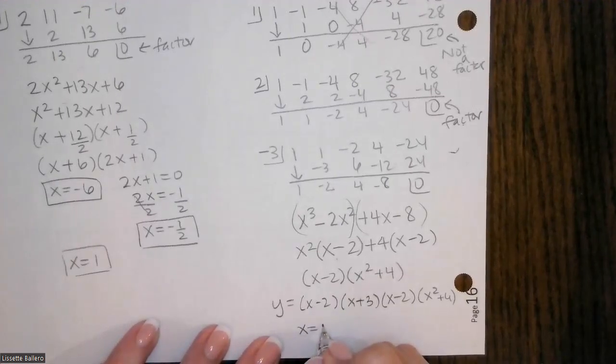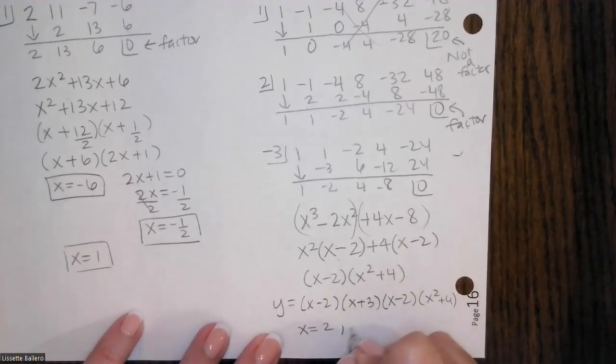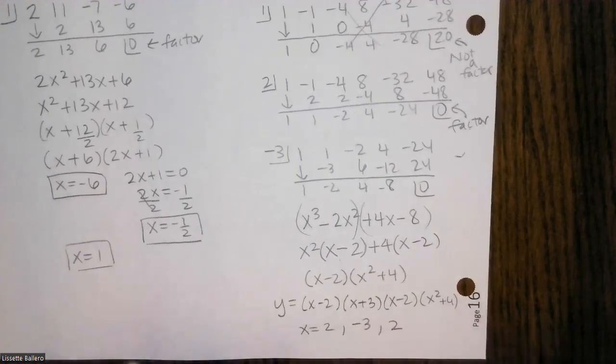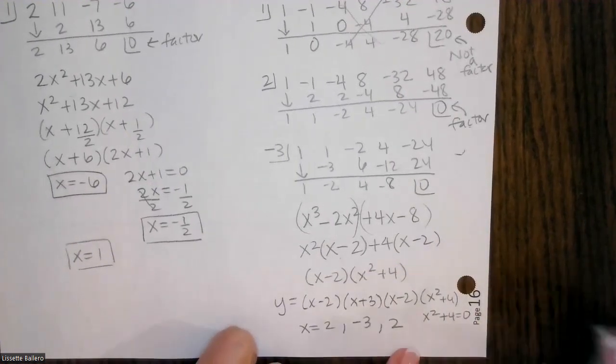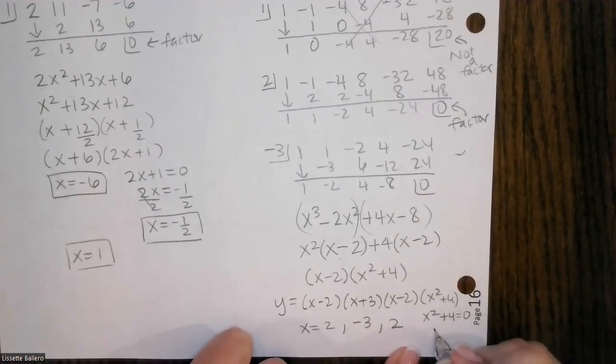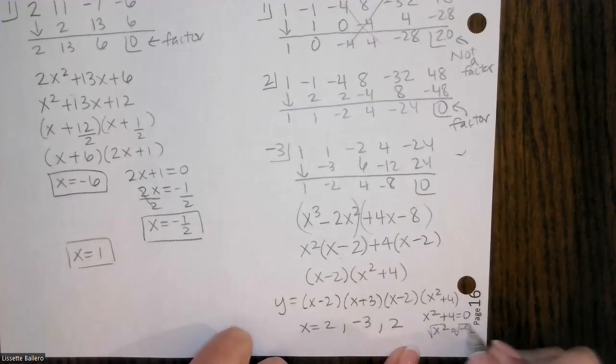If you wanted the solutions, that would be the ones that make it 0. So 2 would make that 0. -3 on this one, 2. And then this one's even an imaginary number. We're going to get more into that next class period. But we could review real quick what you did do in Algebra 2. You would set this equal to 0, subtract that 4, and then take the square root.